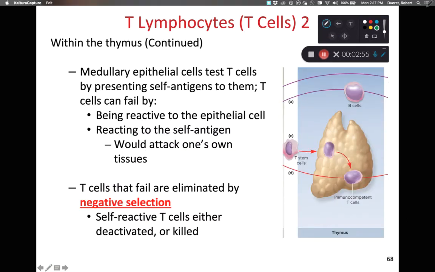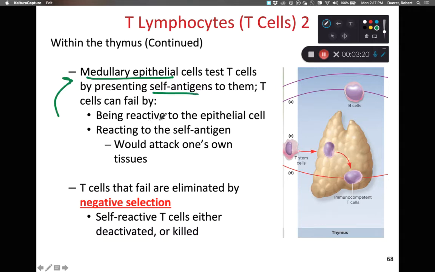As we look at these T cells that are maturing in the thymus, the medullary epithelial cells of the thymus are going to test them. They become immunocompetent, and now we go through that testing, where the medullary epithelial cells within the thymus expose our little aspiring T cells to self-antigens.